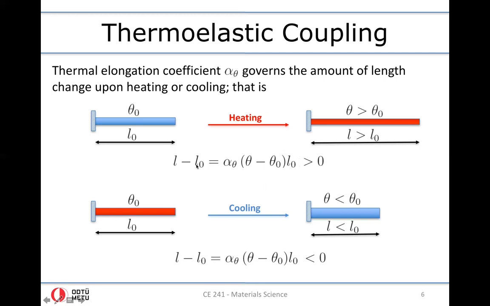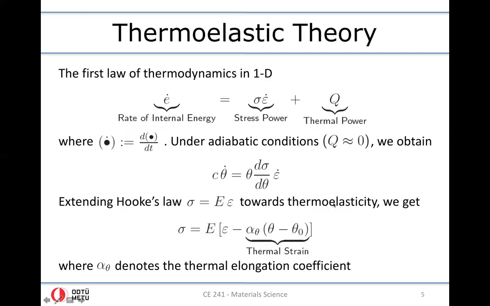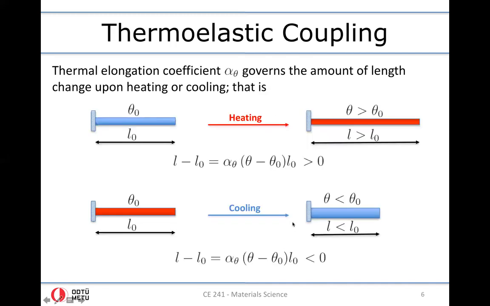In other words, if you divide the change in the length by the initial length, what you get is the strain, of course, and this strain is not due to the mechanical loading, but the temperature changes. Therefore, we refer to this strain as thermal strain. And just the opposite happens when you cool down the material.